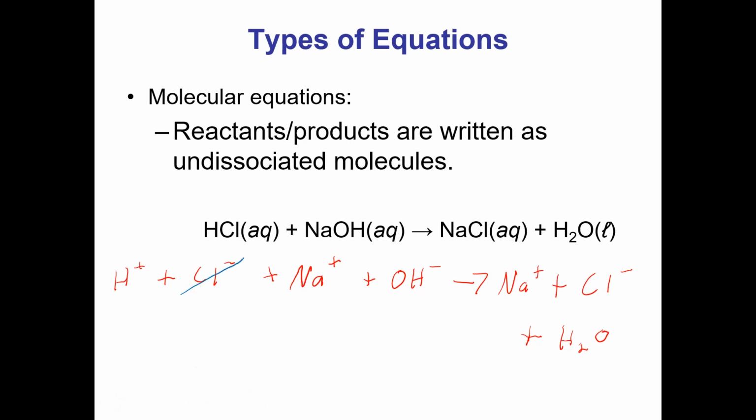Cl negative does show up as Cl negative. Sodium shows up as sodium. And hydroxide does not show up as hydroxide. So we get rid of all the spectator ions and we write just what is left. So I would have H plus.